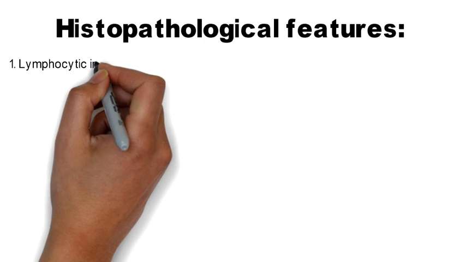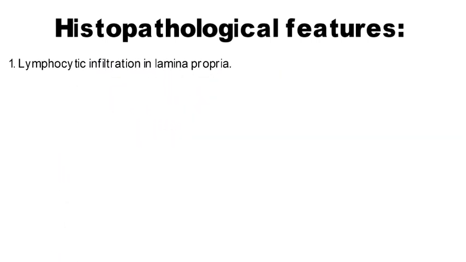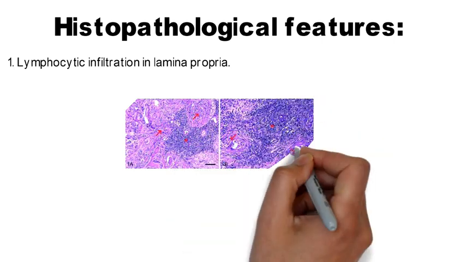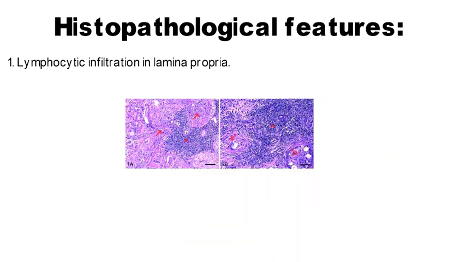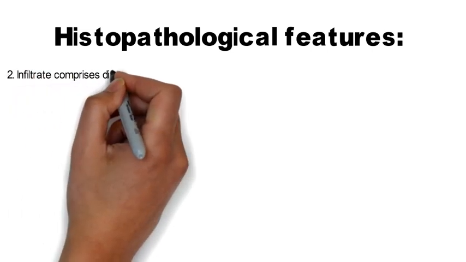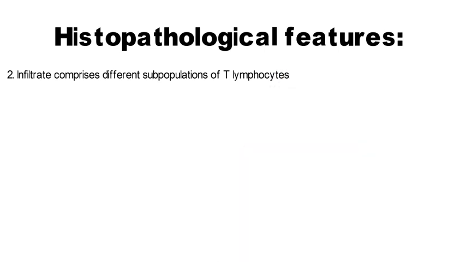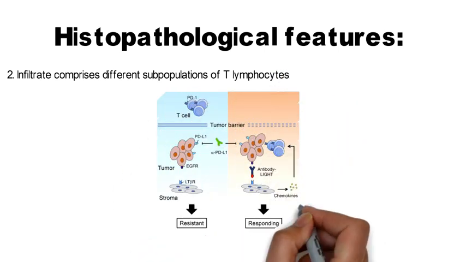Now, histopathological features. There will be lymphocytic infiltration in the lamina propria, which is represented like this in this histological slide. Now moving on, the infiltration will comprise different subpopulations of T lymphocytes.